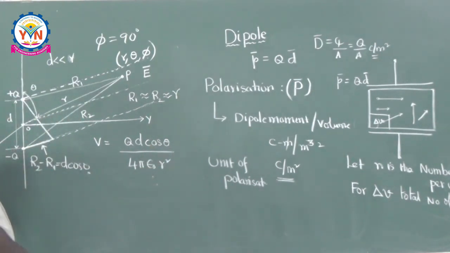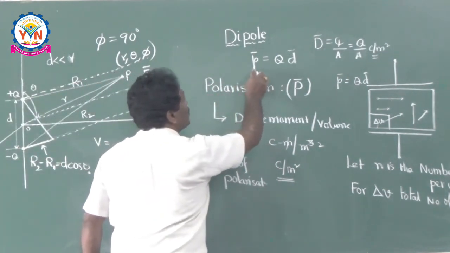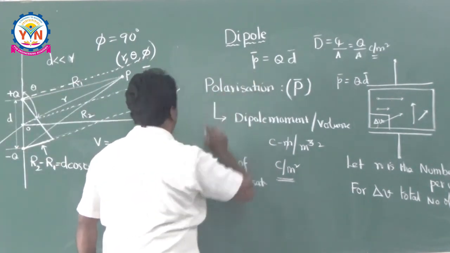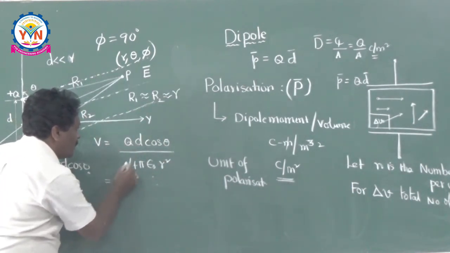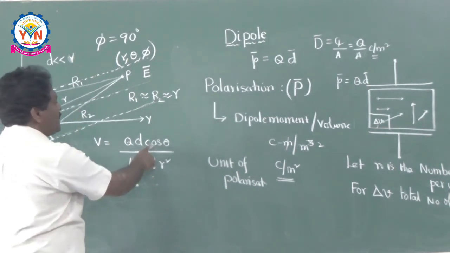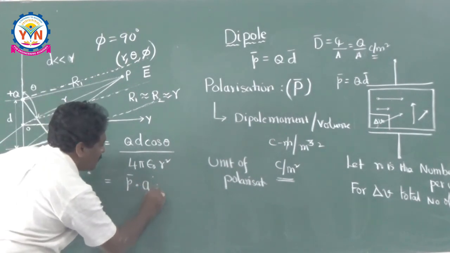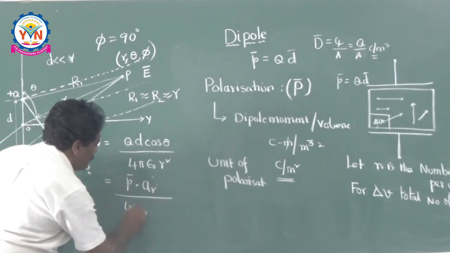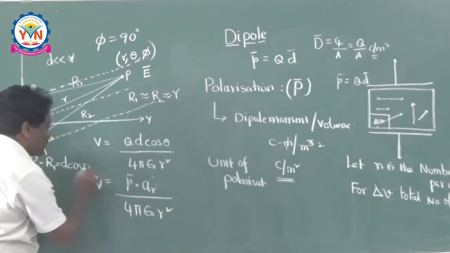Now, what is QD? Just now I have defined, QD is nothing but the dipole moment. So in the place of QD, I can substitute P bar dot AR, where cos theta comes from the dot product, divided by 4 pi epsilon naught into r square. This is nothing but the potential.